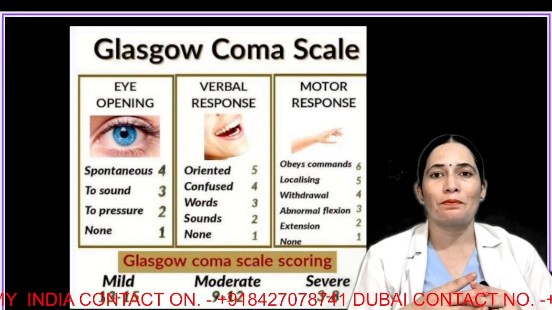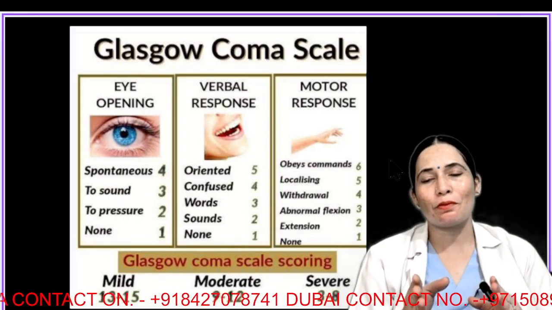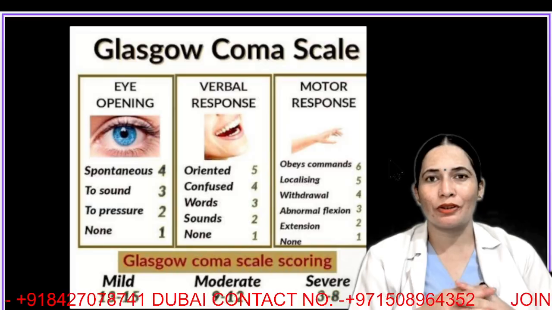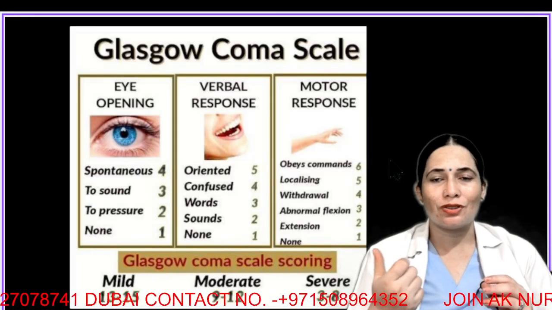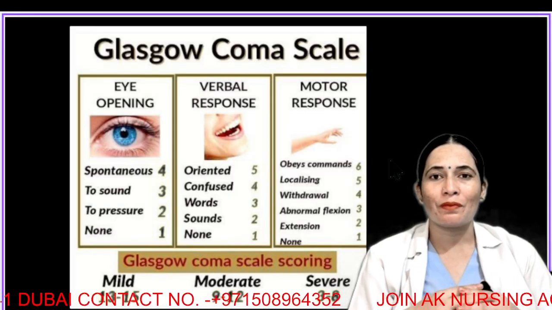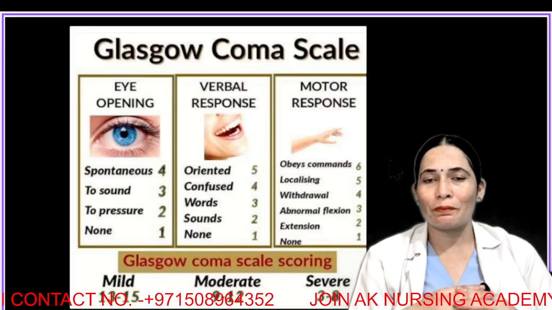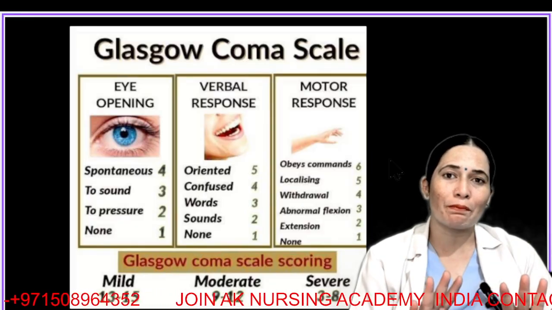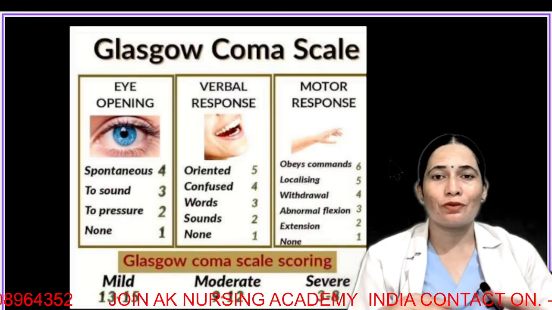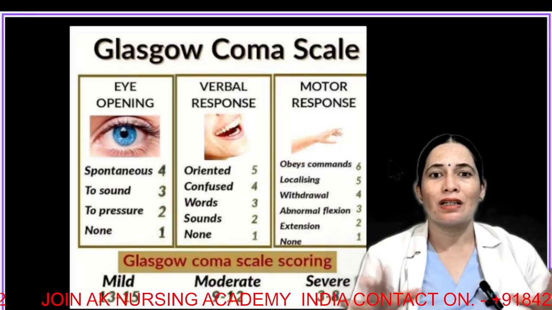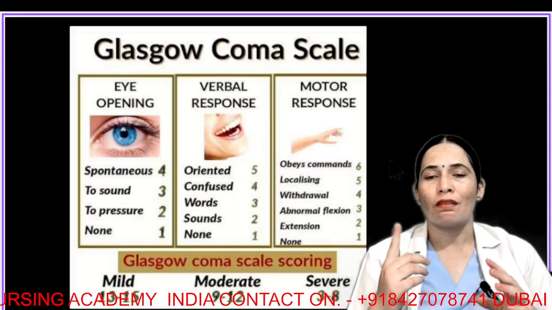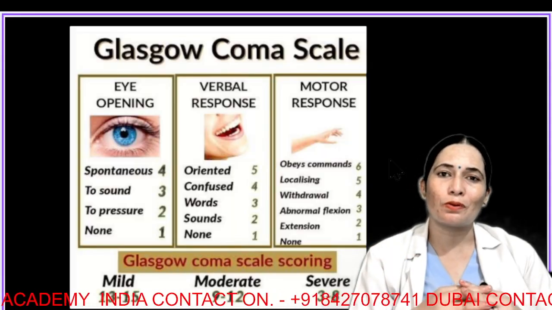The next is pressure. The patient responds to pressure. We talked earlier about those pressures: trapezius pressure, chest rubbing, and supraorbital pressure. If we use those pressures and the patient responds only to the pressure, not to any other stimulus, then we give that patient only 2 scores.